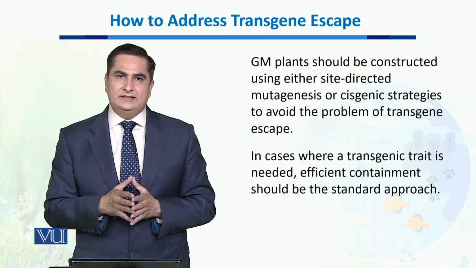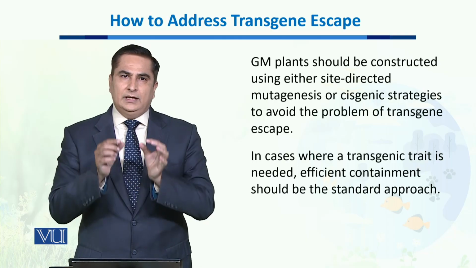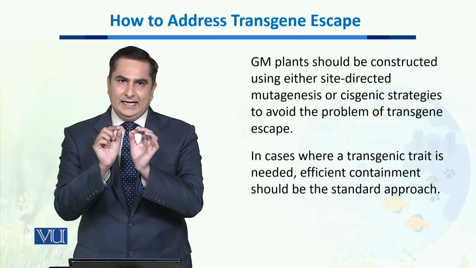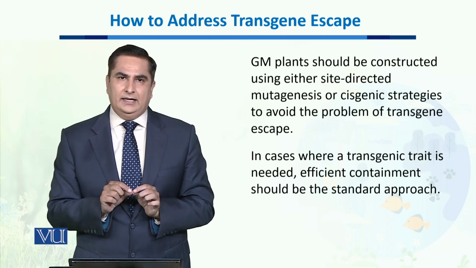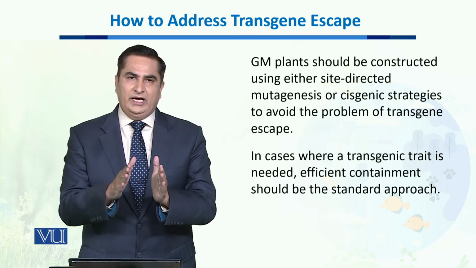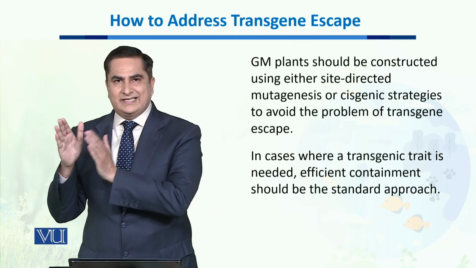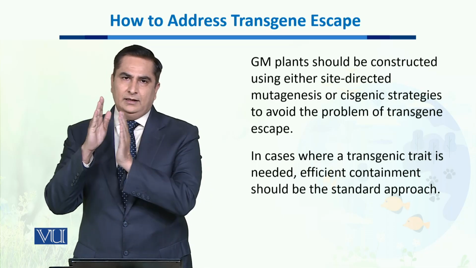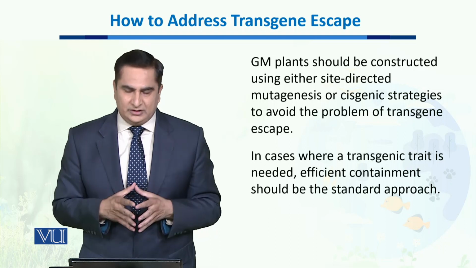Site-directed mutagenesis is actually a type of mutation in which a typical allele or typical gene of one plant is targeted and mutated in such a way that this mutation is very unlikely to escape or transfer from this species to the neighboring or other species.